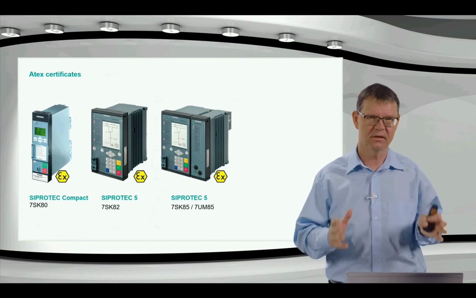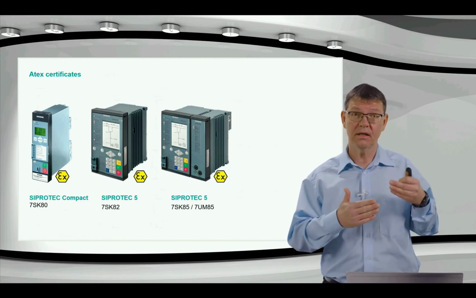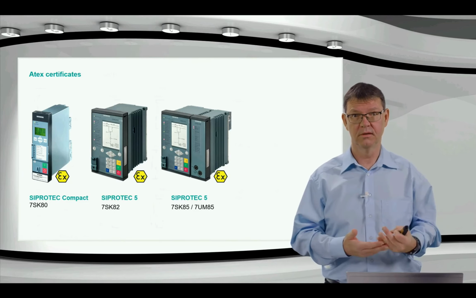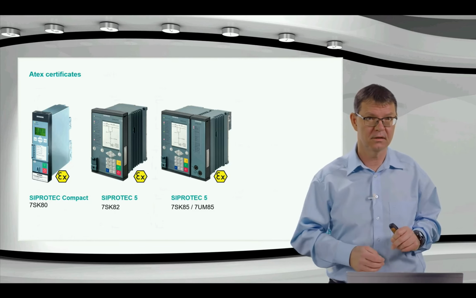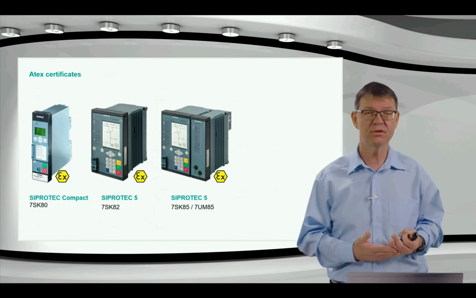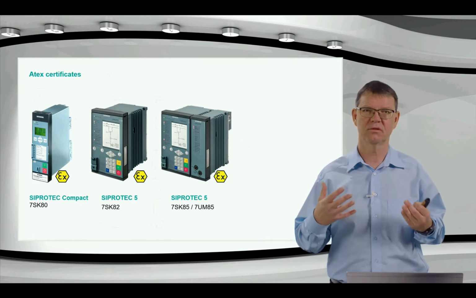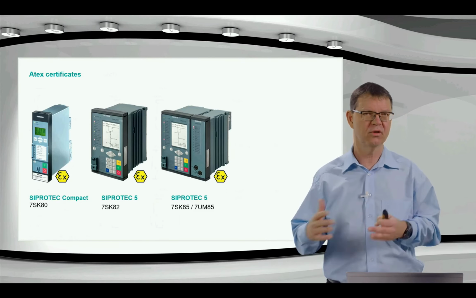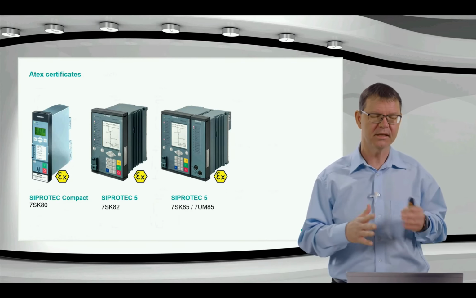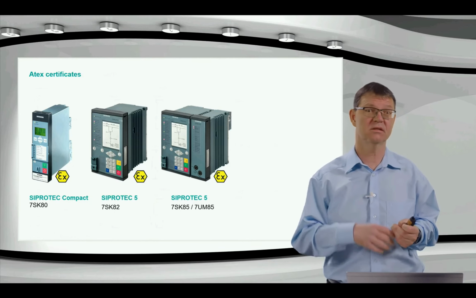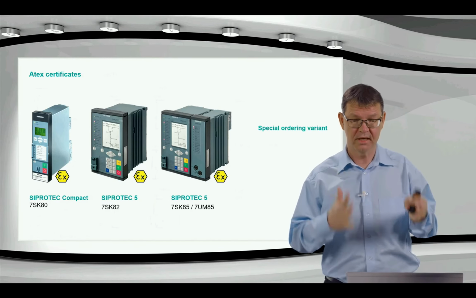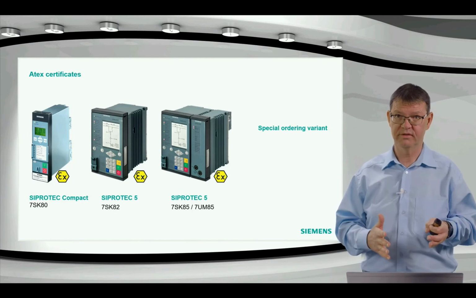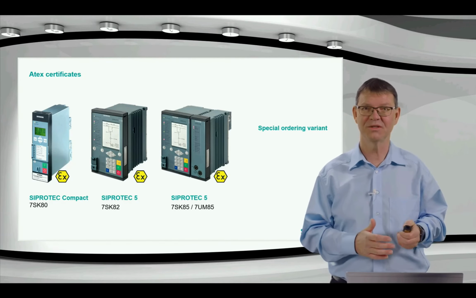This is basically the main topic here. And this proving has some effort on our side and also on the certification institute side. So basically this costs money, and therefore we cannot do this for every dedicated protection device, firmware and hardware. And therefore these variants are special ordering variants, just to point it out once again.